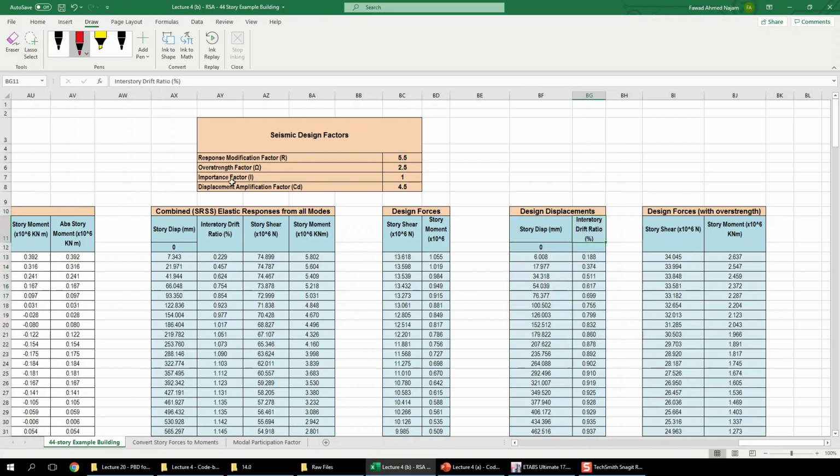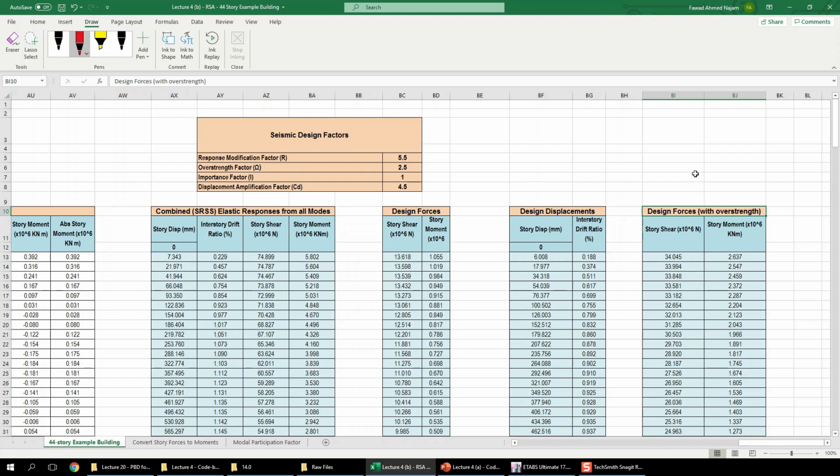And there is another important factor which is called the overstrength factor in different building codes, and this is intended to apply only to those members, for the design of those members which are intended to remain elastic during the design earthquake. So this factor is not applied to all the forces, it is applied only to some special type of structures which should remain elastic during the design level earthquake.